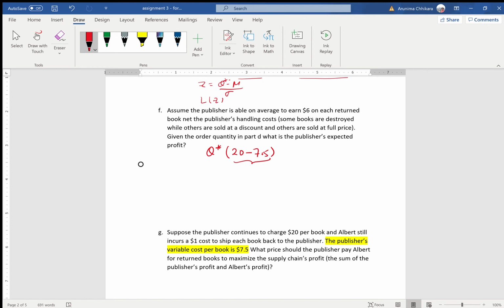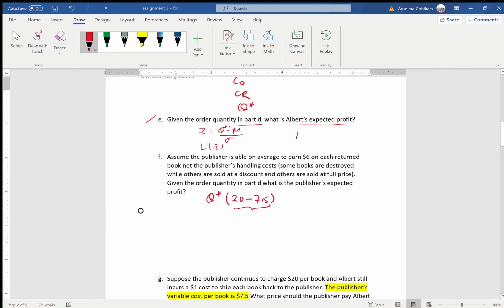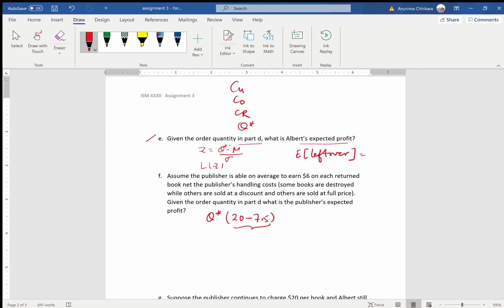After that, we also need to consider what the publisher does with all of those unsold copies, right? So it purchases all the unsold copies. So the expected leftover that we calculated here, whatever that number is, is what the publisher would be purchasing from the retailer.